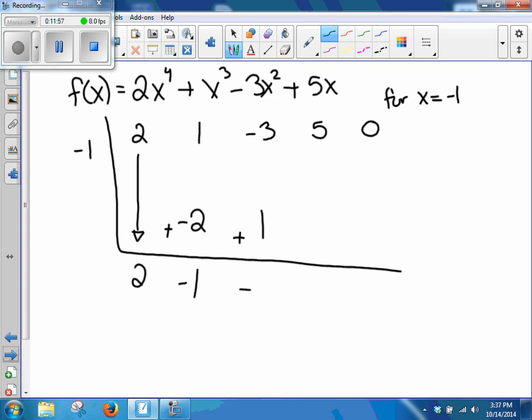So I get negative 2. Negative 1 times negative 2 is a positive 2. And then I add straight down and get 7. And then I take negative 1 times 7 one last time, and I get negative 7. I add straight down, and my answer to the function when x is equal to negative 1, this y value, this function now is at negative 7.